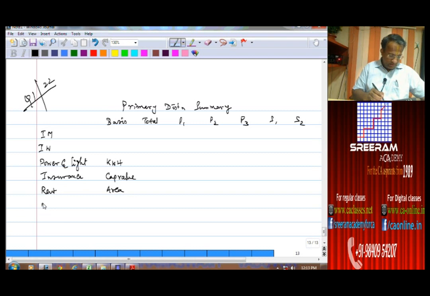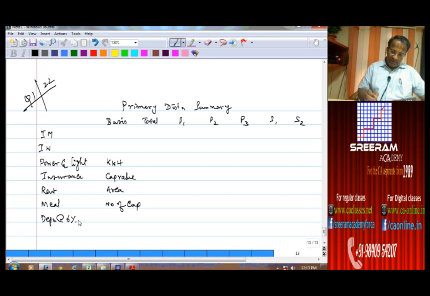Next, meal charges, number of employees. Then depreciation at the rate of 6% per annum for 1 month on capital value only. These 2 items given.